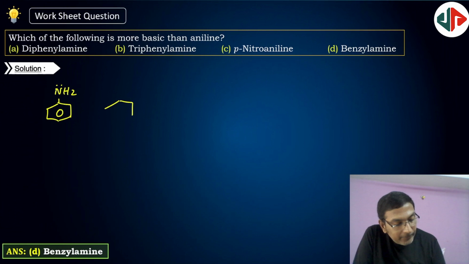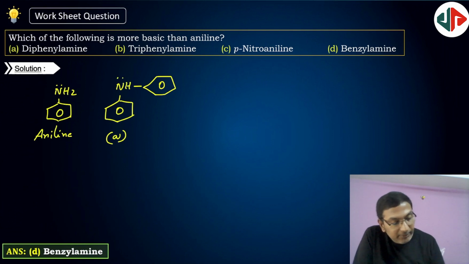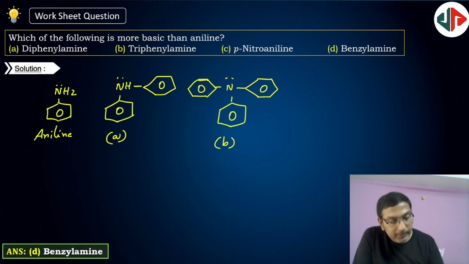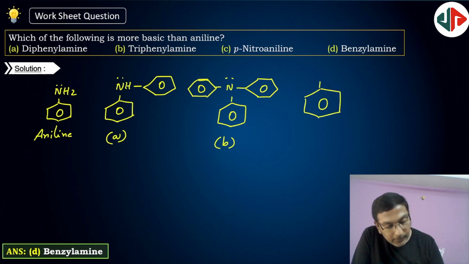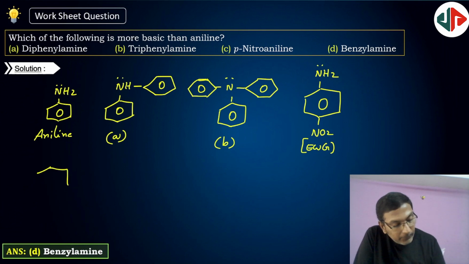Next, diphenylamine, this is option A. Next, triphenylamine, this is option B. Next, para-nitroaniline, where the nitro group is an electron-withdrawing group. At last, benzylamine, C6H5CH2NH2.